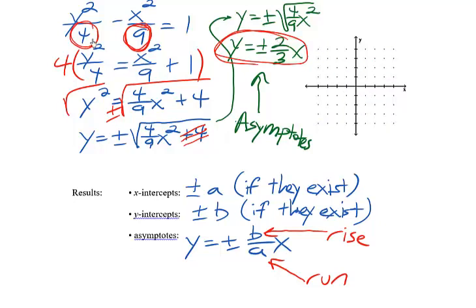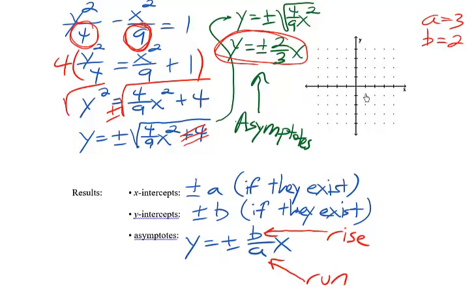All you have to do is this. When you first see your hyperbola, jot down for yourself the values of a and b. A is the square root of the number underneath the x. B, the square root of the number underneath the y. Just remember the y number tells you the up and down part, and the x number, the a, tells you the side to side part.